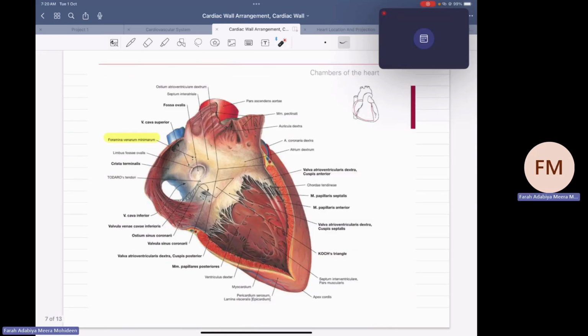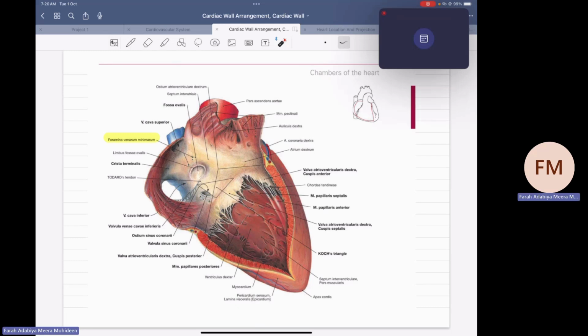Okay, so this is another picture that's going to help you remember better. You'll see the smooth part of your right atrium, like crista terminalis here, and the muscular part here, which is basically your pectinate muscles. You can see papillary muscles, right?